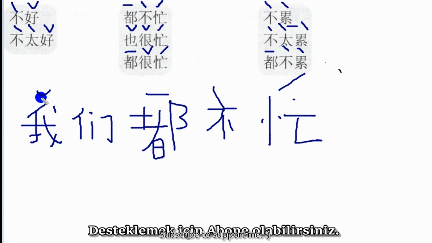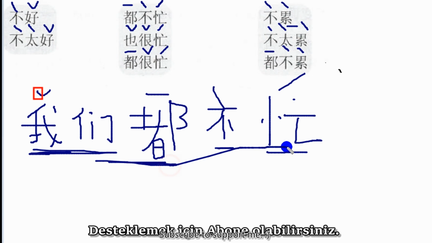Here also notice that this becomes half third tone. 我们都不忙: We are all not busy. You can translate the sentence like that. We are not all busy.